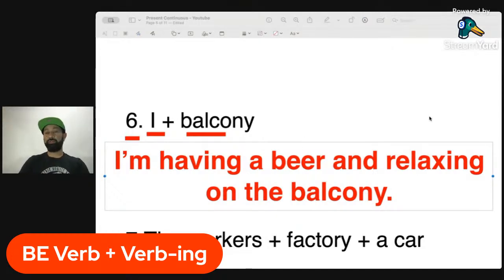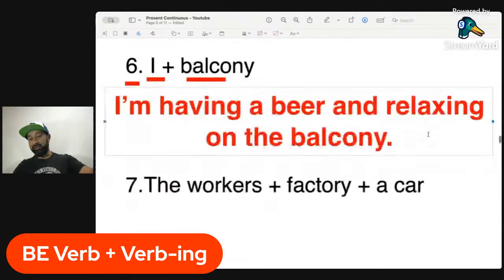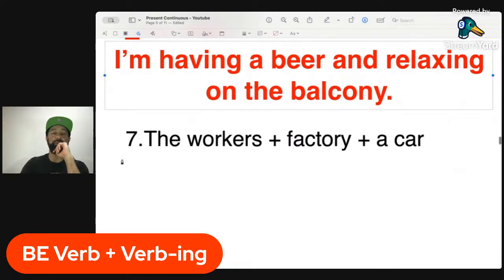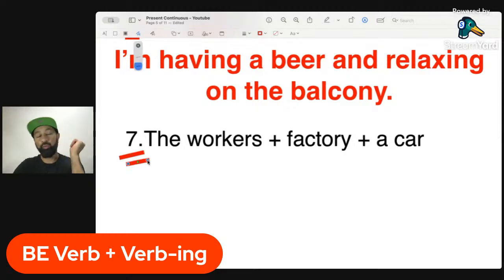Okay, so I want to move to the next section because I think it's a little bit fun. I want you to do number 7 for homework. Number 7 says the workers. It's a factory type of job. And then we've got a car. Maybe that is the product that they're making. Workers, factory, car.